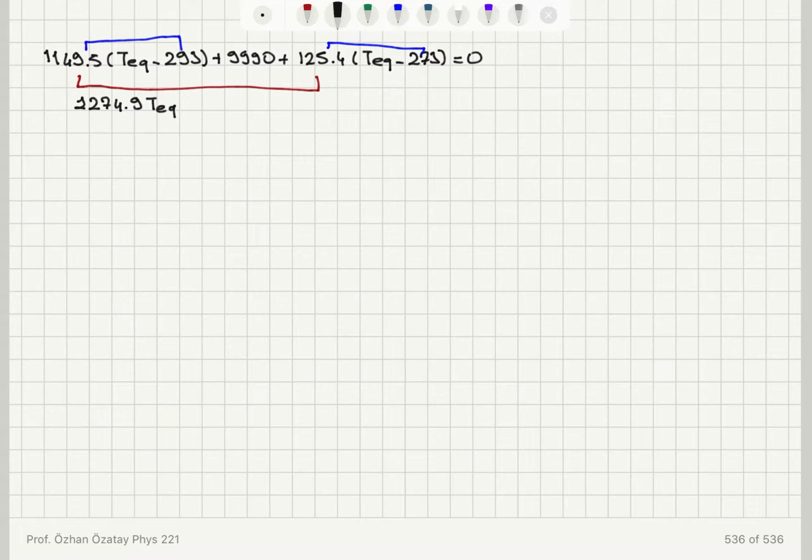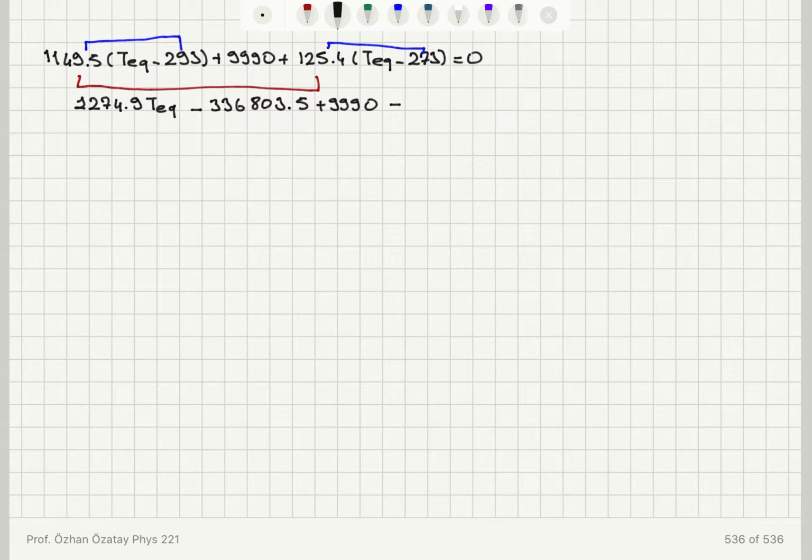So the two products, when I add them up together, will give me 336,803.5 plus 9,990. So that was the first term.